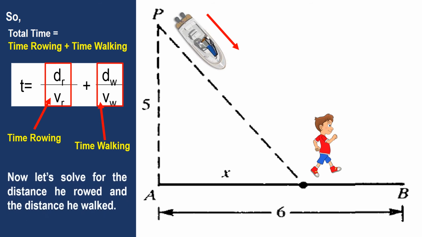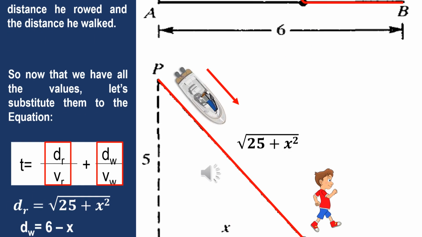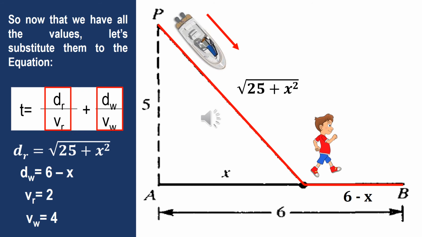Now let's solve for the distance he rowed and the distance he walked. So now that we have all the values, let's substitute them to the equation.